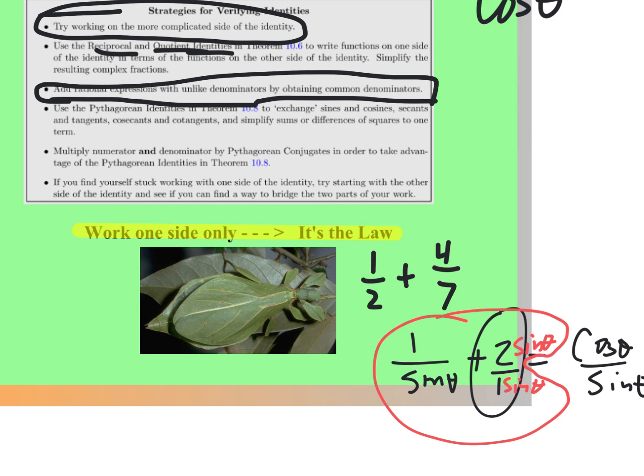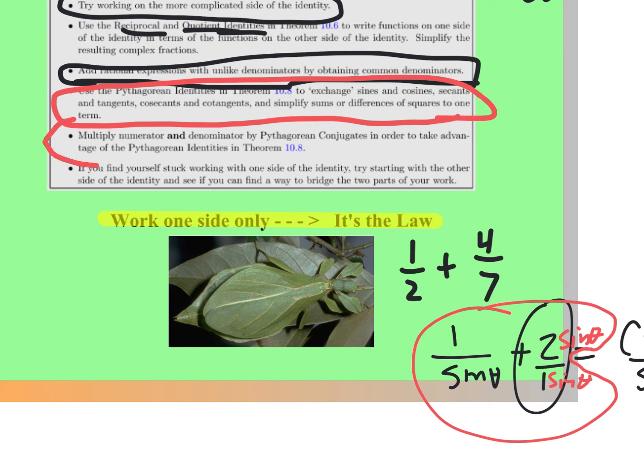The next thing is use the Pythagorean ones. Sine squared plus cosine squared equals 1. 1 with the tan is what you seek. 1 with the cot is cozy. Okay, and then there's this tip. Conjugates. I don't have time today to teach you how to do conjugates, but it's going to be a really powerful way to do complicated ones.